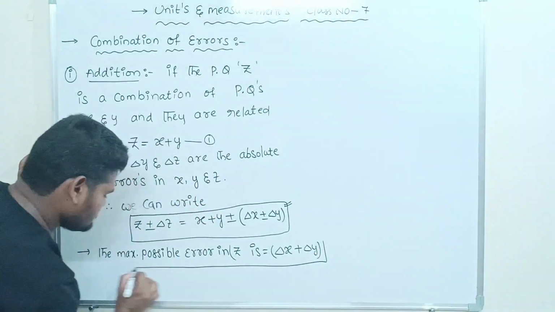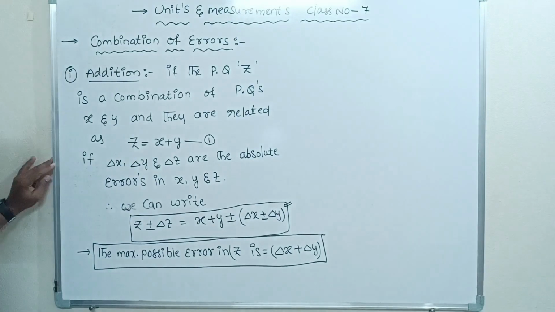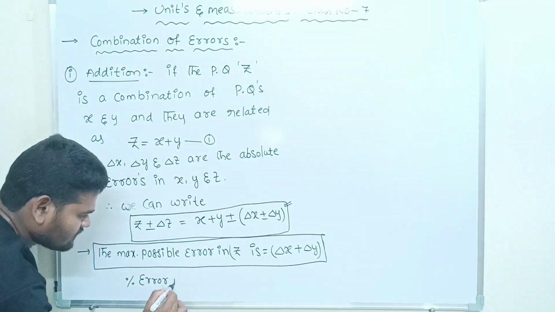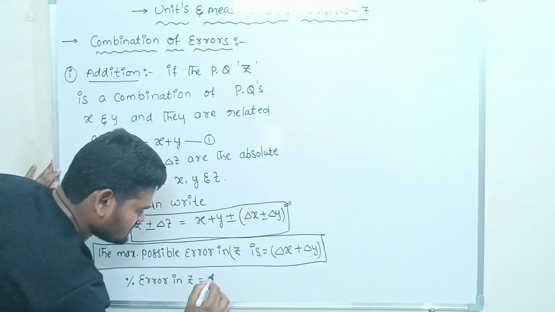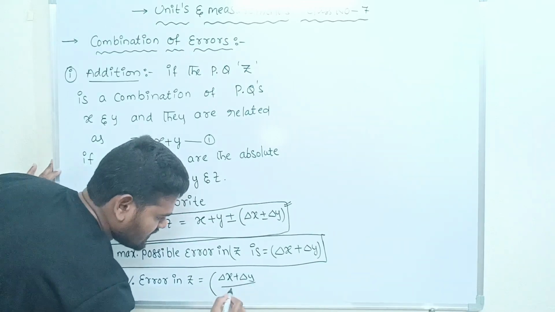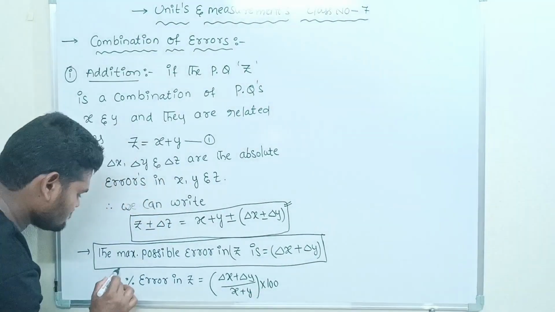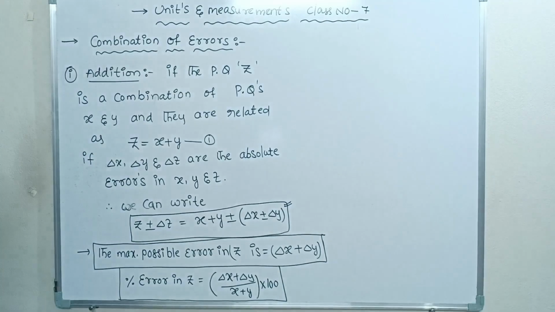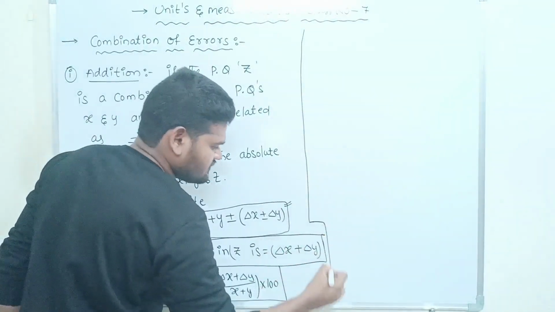Delta X plus delta Y. Just note it down. And the percentage error in Z is equal to delta X plus delta Y divided by X plus Y, into 100. So this is the percentage error in Z. Are you getting? Okay.